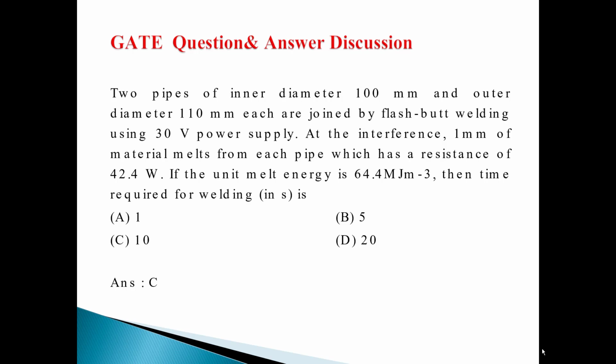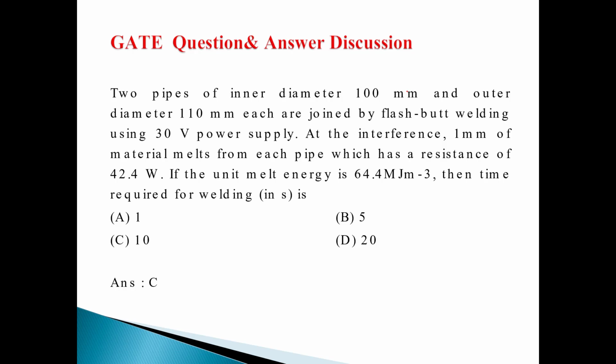First question: two pipes of inner diameter 100 mm and outer diameter 110 mm each are joined by flash butt welding using a 30-watt power supply.